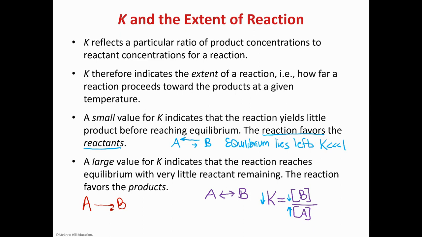Okay, in this example, you're going to have a lot of B compared to A, so K is very large. This is a reaction that favors products. In this example, the equilibrium lies to the right.